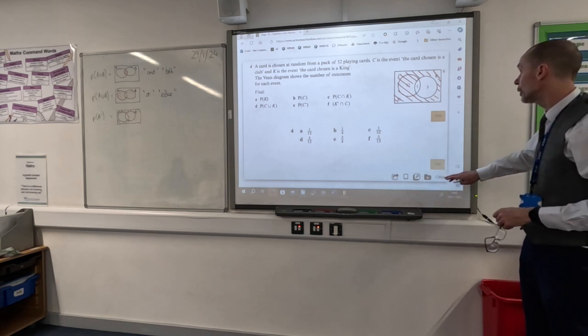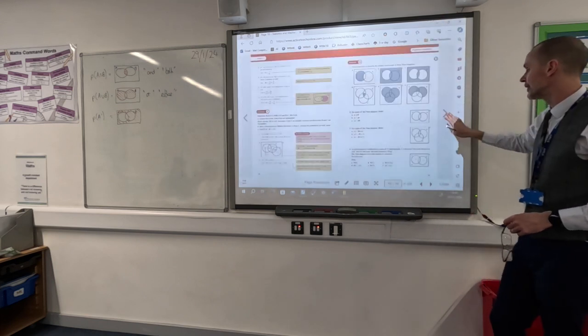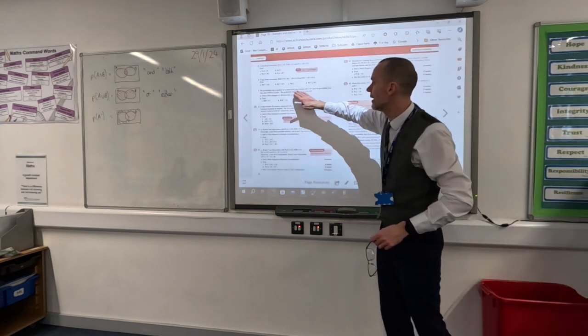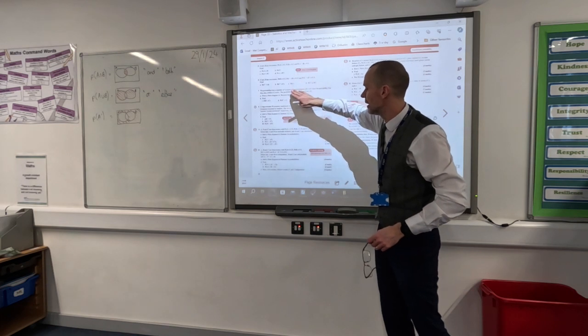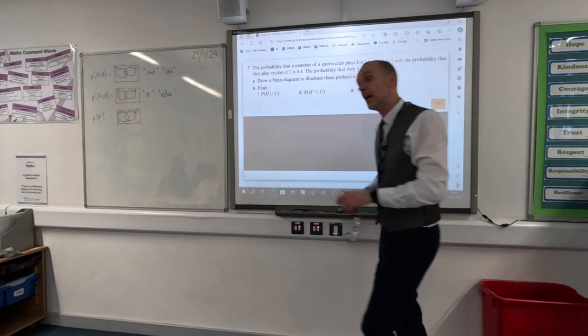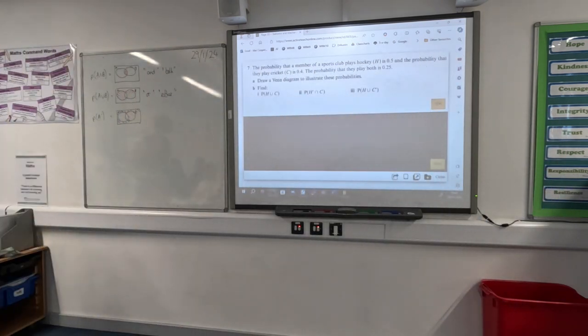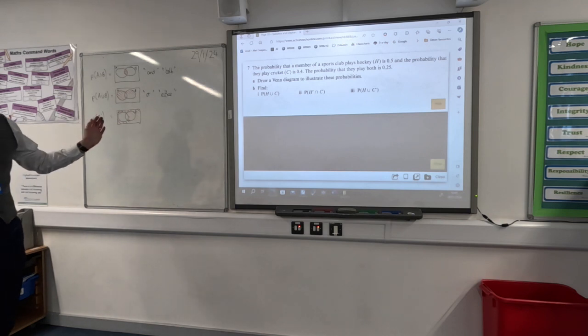By far the more common sorts of questions that we deal with, and again, these feature at GCSE, are questions like 5 that we did last lesson from page 20. So let's have a look at question 7. A bit more wordy. Can we agree that we'll have H on the left and C on the right? Just makes it a bit easier.